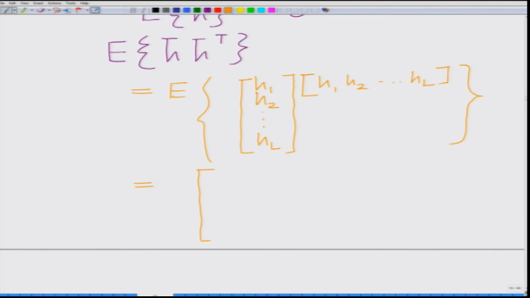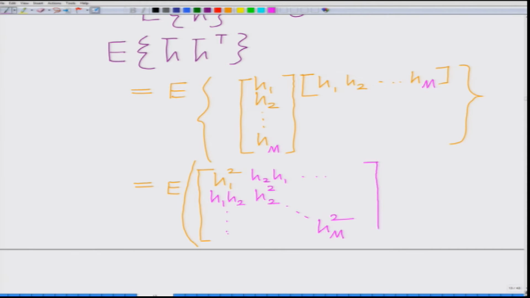To write this more explicitly, the expected value of the first diagonal element is h1 square, the second diagonal element is h2 square, and the last diagonal element is hM square, and these entries are of the form h1 h2, h2 h1 and so on.